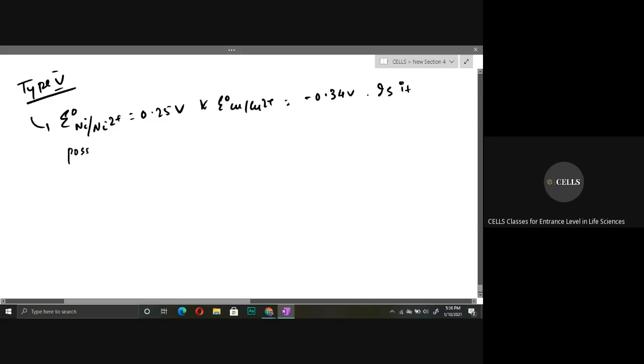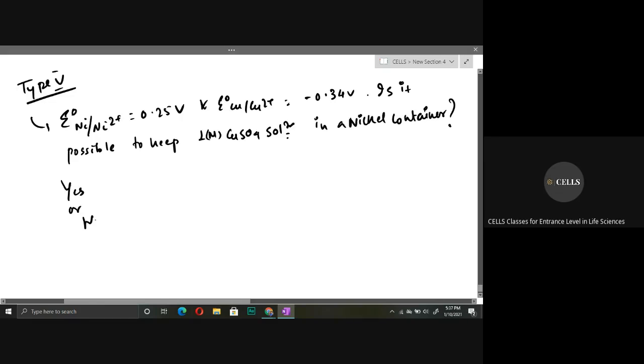Is it possible to keep 1 molar CuSO4 solution in a nickel container? Tell me, yes or no? What will be the answer? If you understand the concept, you can easily answer. Is it possible to keep or not possible to keep?